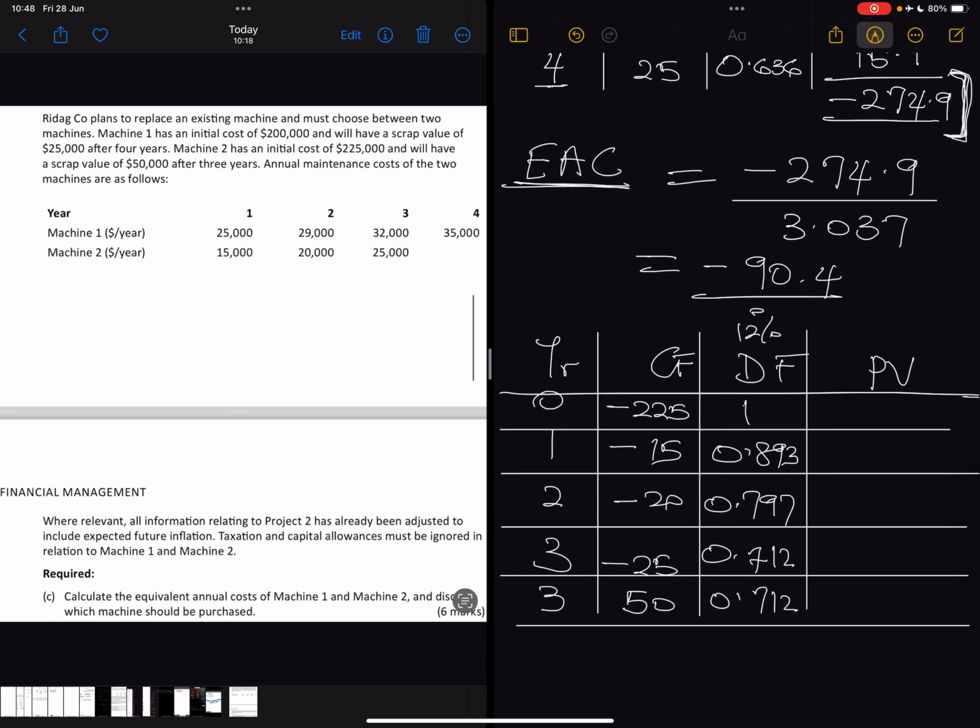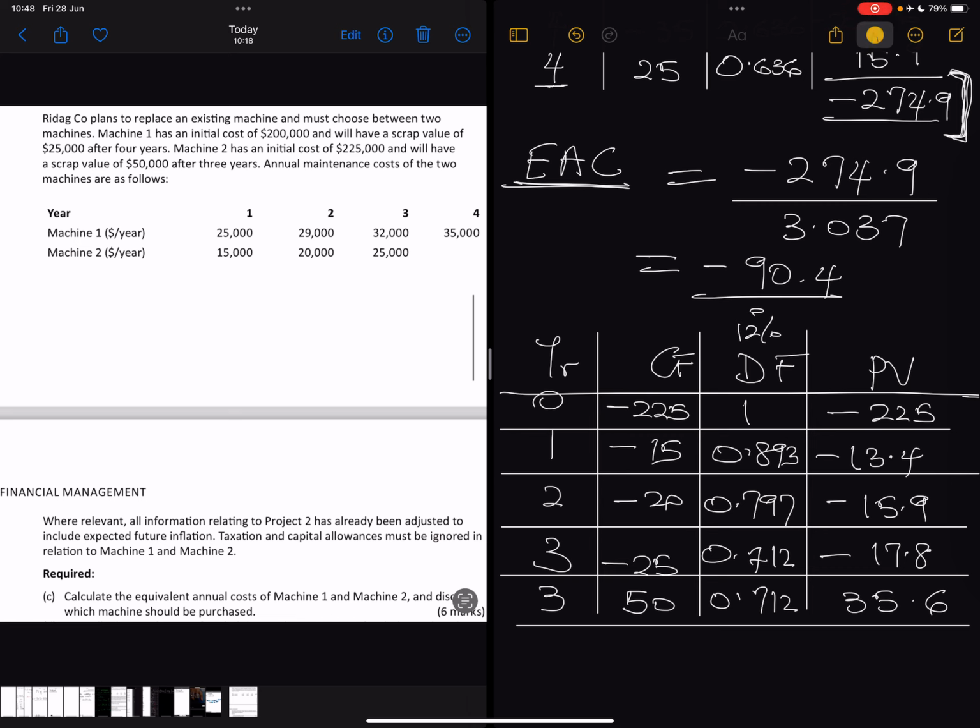If you multiply all of that cash flow by the discount factor, we have negative 13.4, negative 15.9, and negative 17.8 here, and here we have positive 35.6.